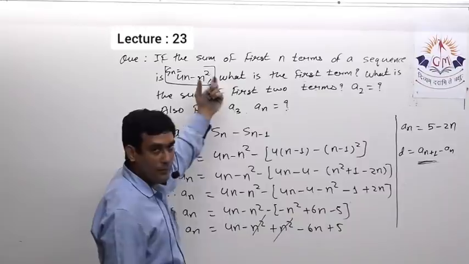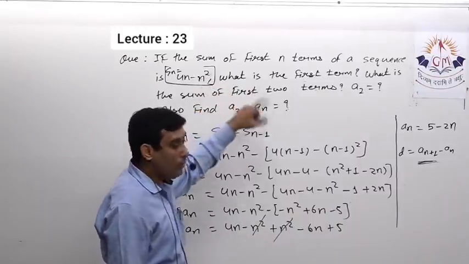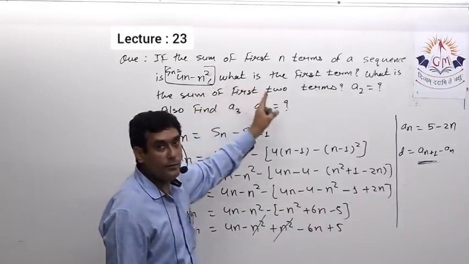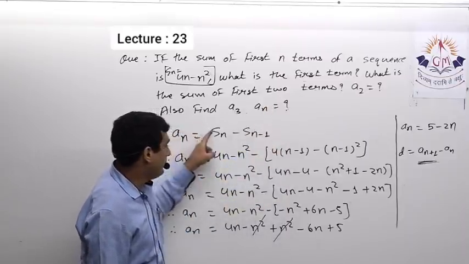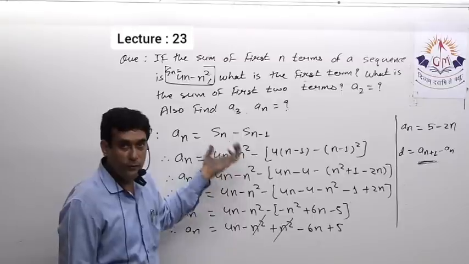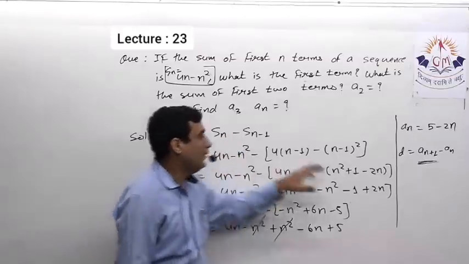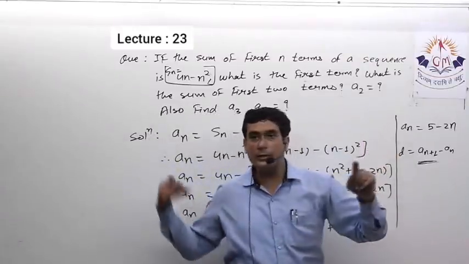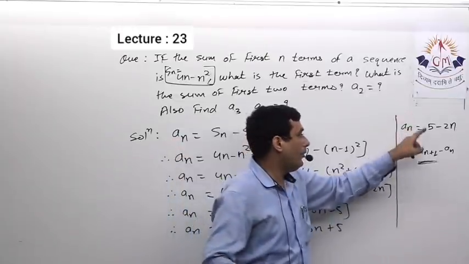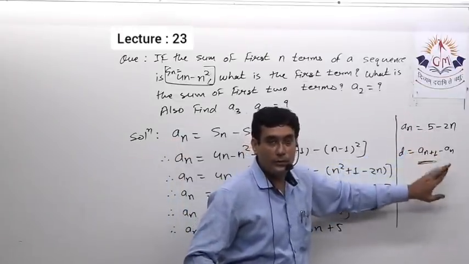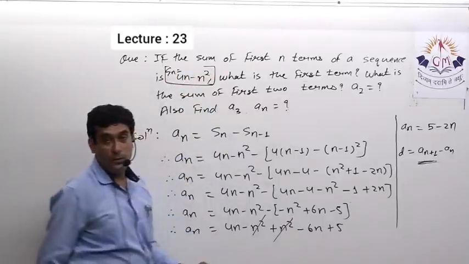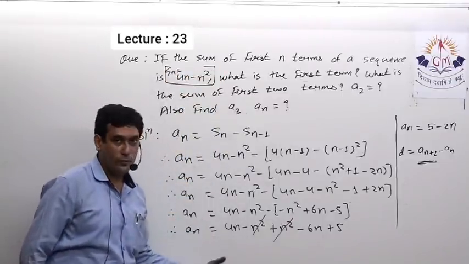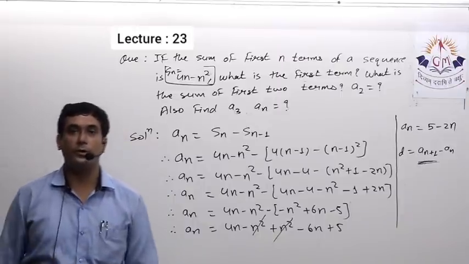Similarly, over here we have a short trick to get the value of d. After getting a1 then a2, we got the value of d, or after converting this S(n) in the form of a(n), we will get to know what d is, but I can find d from here only. So first of all note it down, then I will give you that short trick.